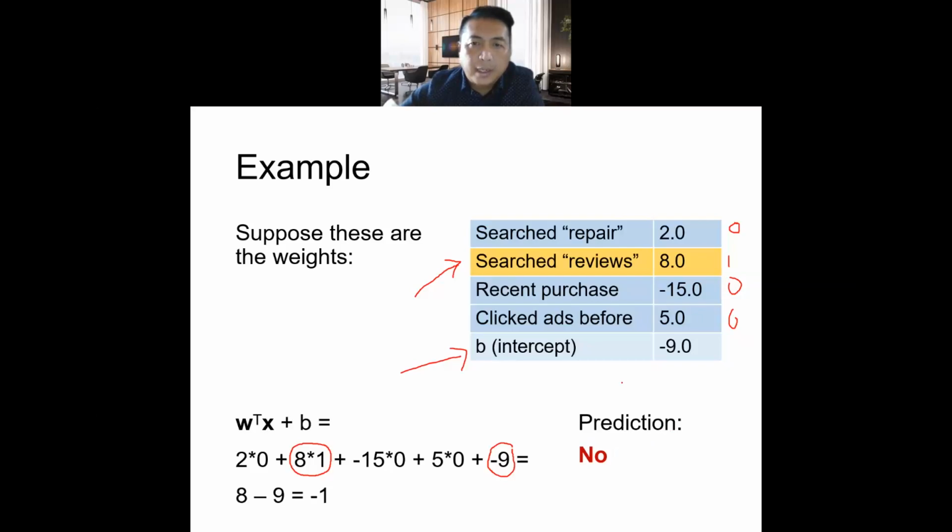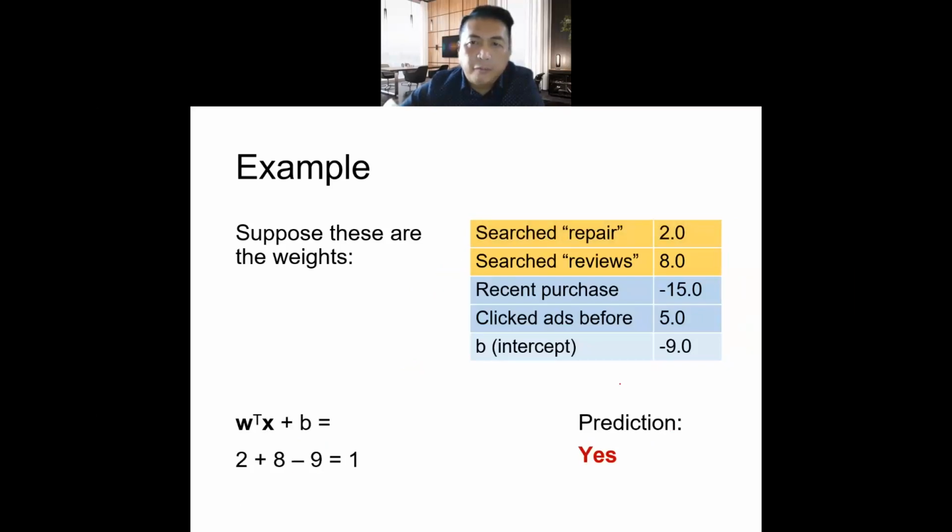Next example, if we have two of these, the value will be 1. So the prediction will be 1 because this is greater than or equal to 0. Next example, what if we have these two? The value will be 4 here.